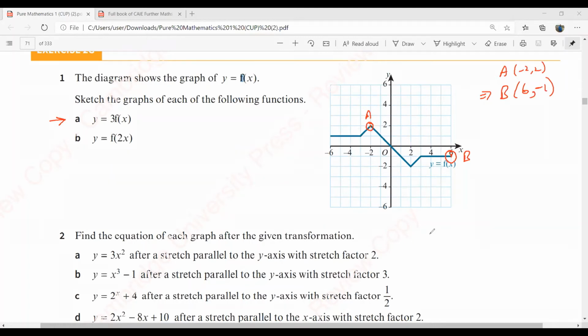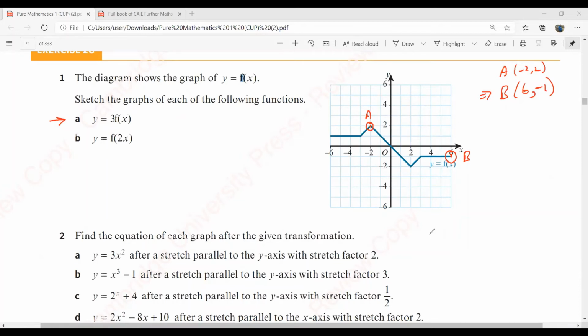Just one more student. Yes, we have Anusha Makbul with us. Anusha, you have the point B with you, and you are going to do part B, y equals f(2x). What would be the coordinates of the image of the point B under this part B? Can you see that point B highlighted here?